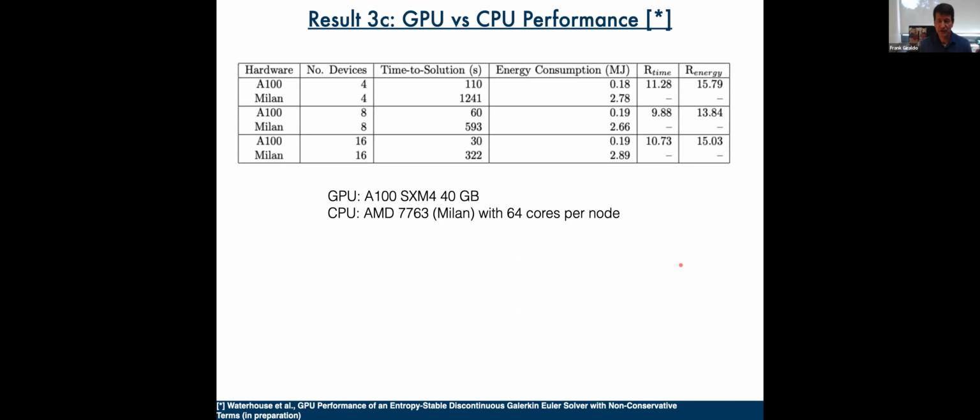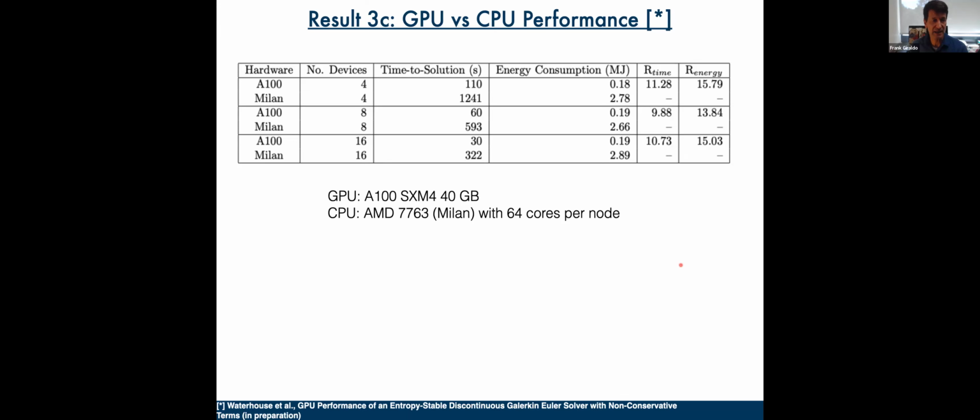Okay. We also did some comparison, not apples to apples, right? But the best way for us to see the difference between our GPU and CPU codes is we used the entropy-stable DG code as our GPU code, and we use NUMA, which has both entropy-stable and classical continuous Galerkin methods, as our CPU code, because we've benchmarked that across different hardware over the years.